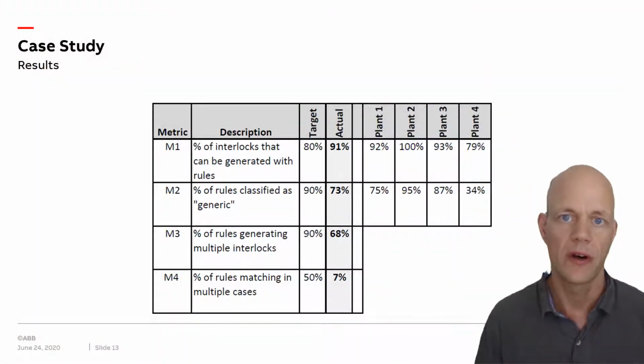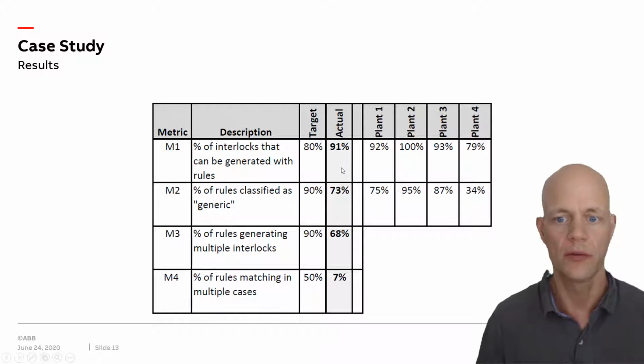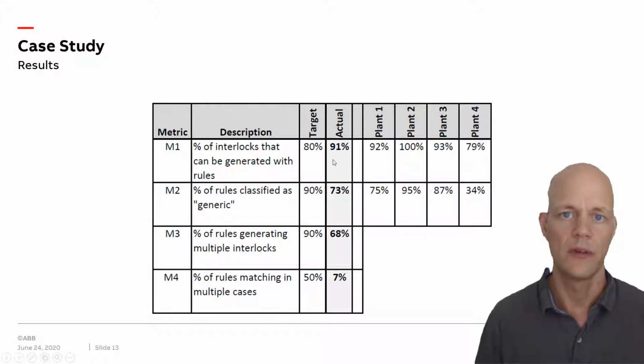This table summarizes our results. In general, we were able to generate a vast majority of the interlocks using our rule engine. On average, in the case studies it was more than 90%. We classified 73% of the rules from these cases as generic, which means they could be applicable to other cases as well. 68% of the rules generated multiple interlocks, and in that case they are most effective, and it pays off to use a rule instead of directly specifying the interlock.